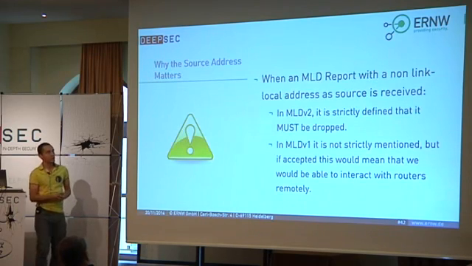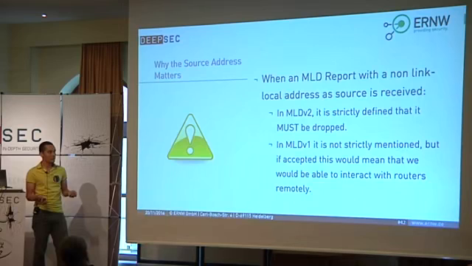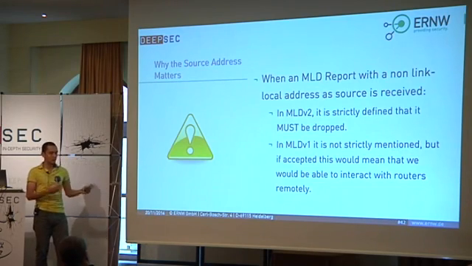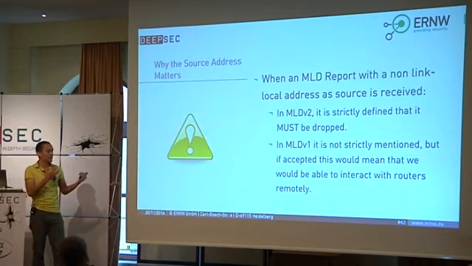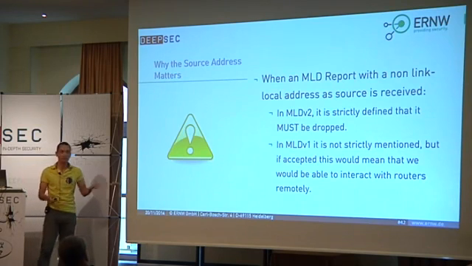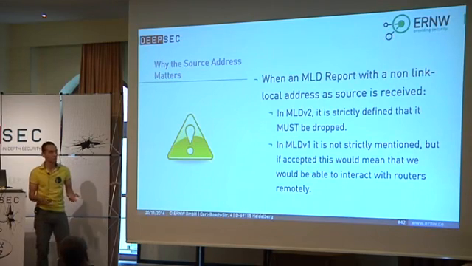Going further, when an MLD report is received by any node in a network, it should come from a source address which is a link local one. It should be checked, it should be tested, and if not, it should be dropped. In MLD version 2, it is strictly prohibited. In MLD version 1, it's not explicitly said. So it sets the tone for what we're looking at.